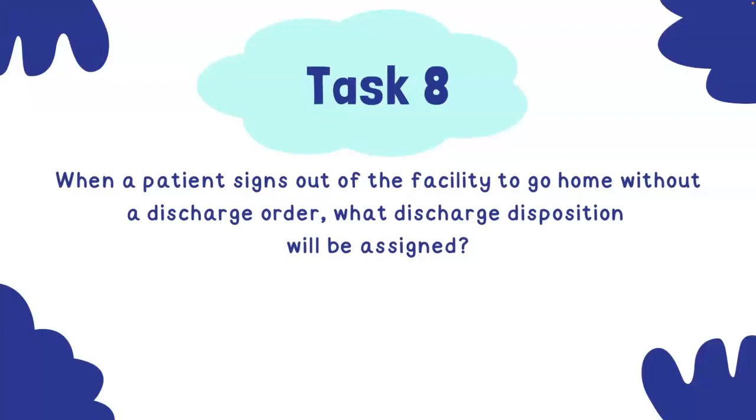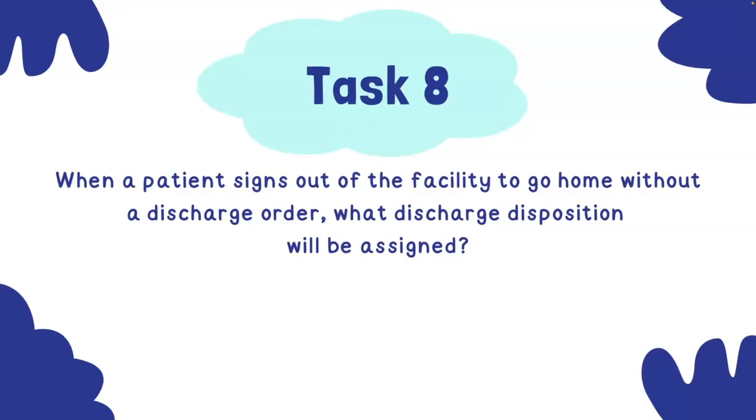All right, next question. When a patient signs out of the facility to go home without a discharge order, what discharge disposition will be assigned? And if you don't know, you can go to Blackboard, go to the APC folder, and click on the patient discharge status code reporting.